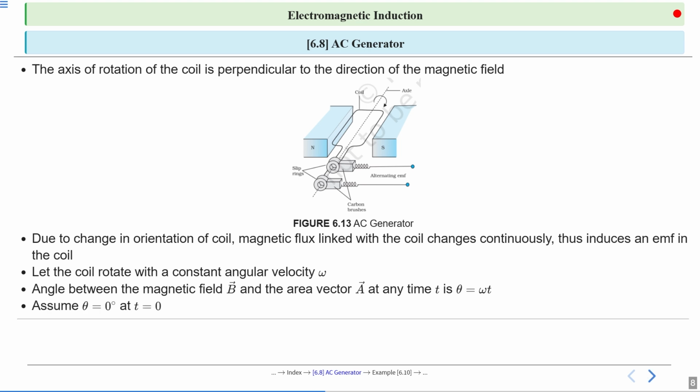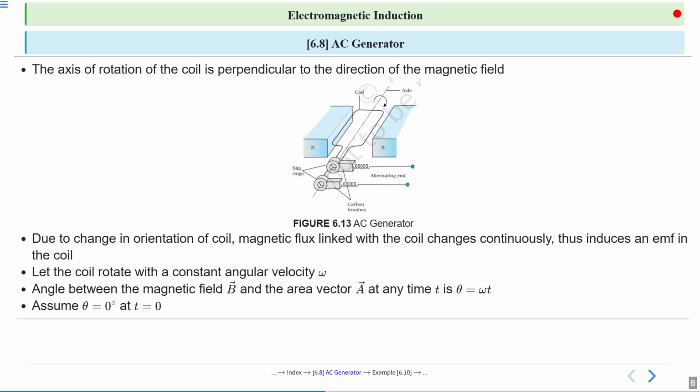So you have to assume that theta equals 0 degrees at t equals 0. What is meant by theta equal to 0 degrees? It means the angle between the magnetic field and the area vector is 0 degrees at time equal to 0. That means the plane of the coil is perpendicular to the magnetic field. The plane is perpendicular, but the area vector is along the magnetic field. I hope the concept of area vector is cleared.